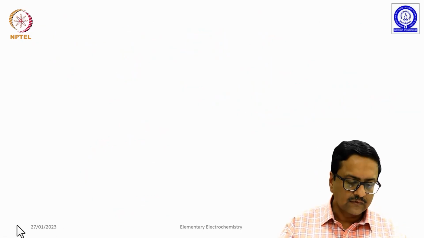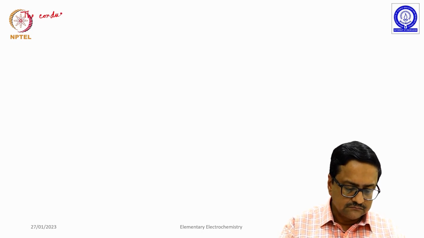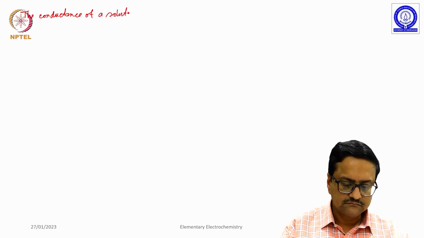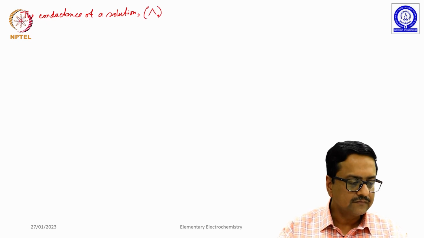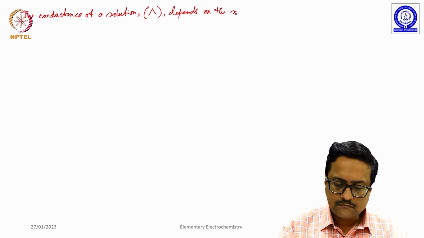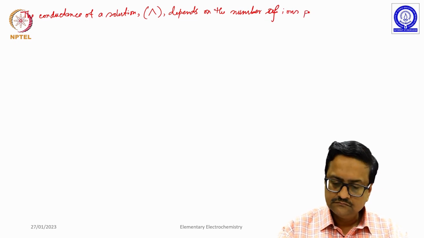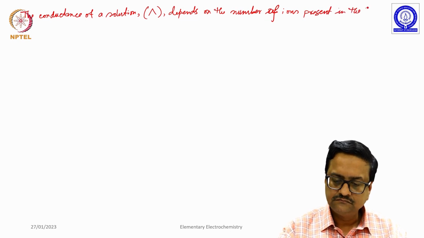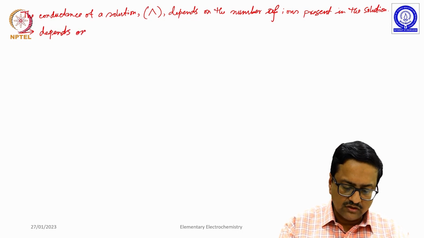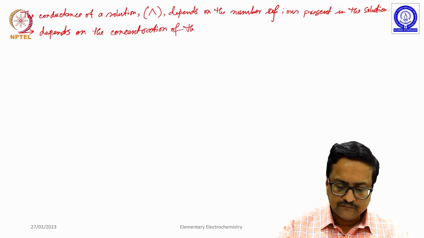Now, we can easily understand that the conductance of a solution, that is the value of lambda, depends on the number of ions present in the solution, which essentially means it depends on the concentration of the electrolyte.